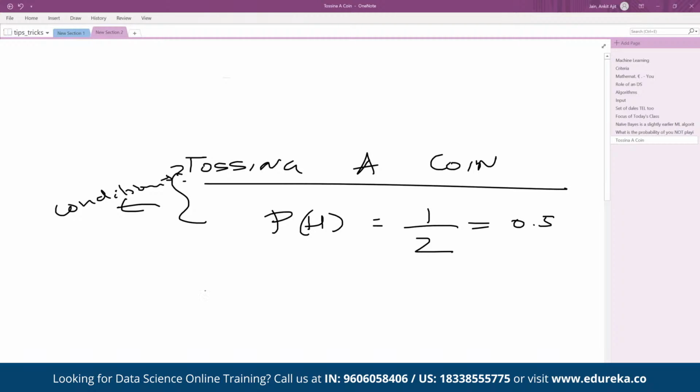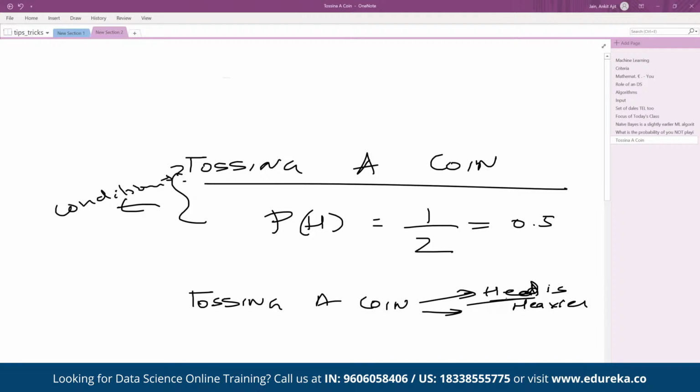But let's think about a second scenario, that please toss a coin. And suppose you have put a condition on the coin such that the head side is heavier. What is the condition you have put?